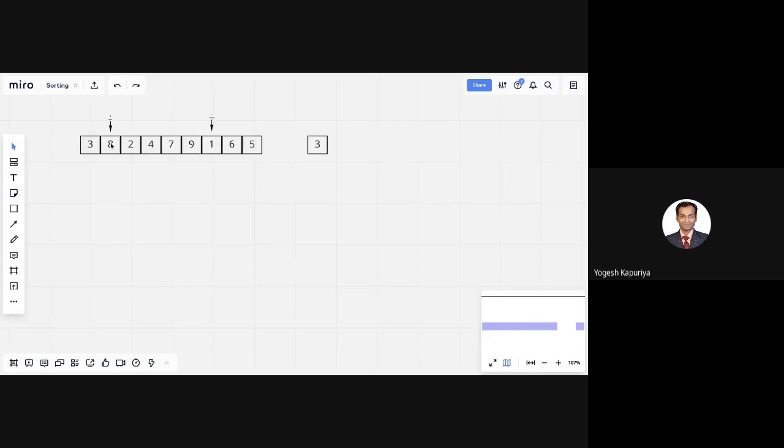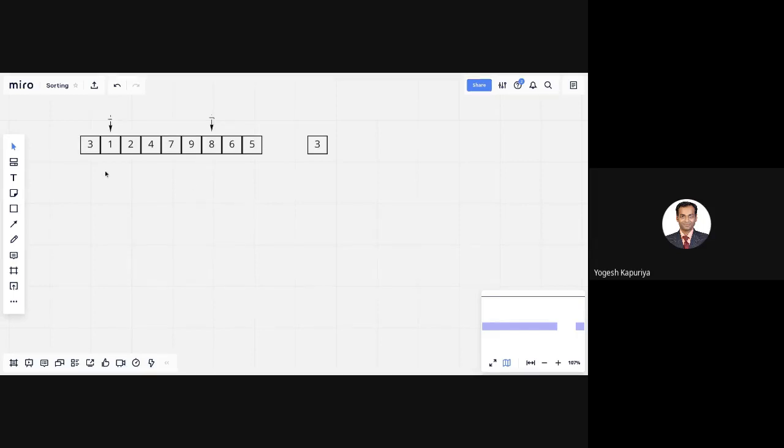So 1 will come at the place of 8 and 8 will come at the place of 1. Clear? Because I is less than J, we have swapped the values of the numbers which are not satisfying the conditions.